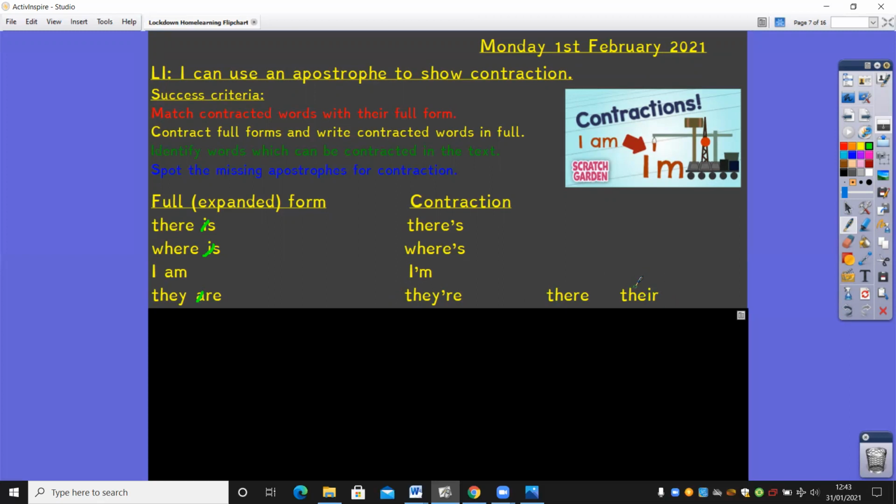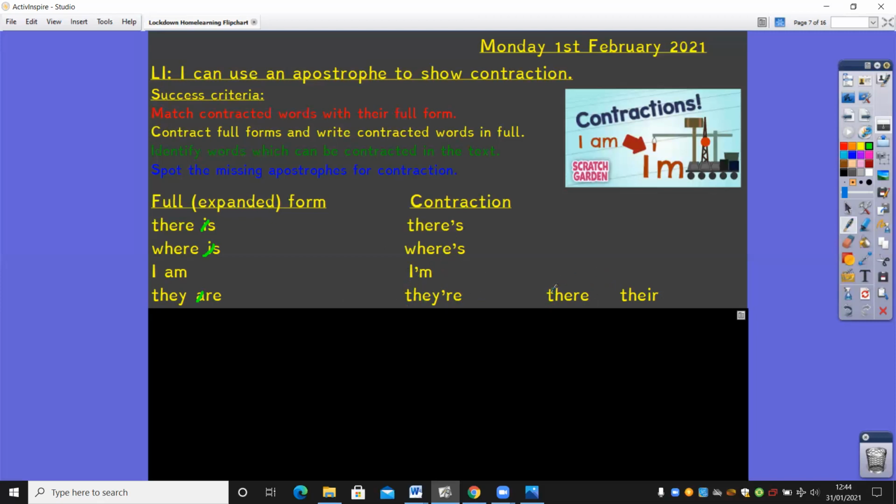So what is the difference between them? How would we know which one to write in our sentence? So let's have a look at the homophone there, which is a contraction. And we know that it's a contraction for they are. So if I have there in a sentence and I can change it for they are, I know that I need to write this form of the homophone, this contraction.